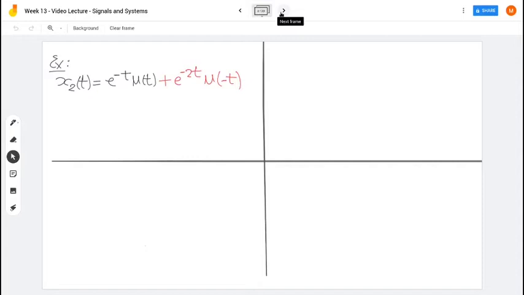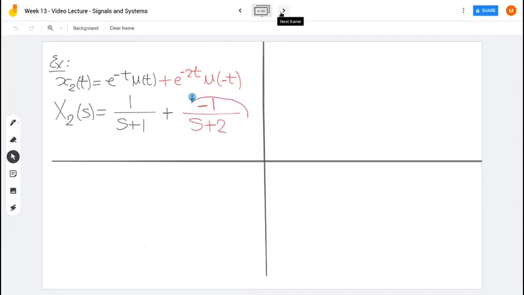Again, we will be using the linearity property, so we can write x2 of s as the summation of two Laplace transforms. The Laplace transform of the first term will be 1 over s minus minus 1, which is s plus 1. And the second term, since it's left-sided, will have a transform minus 1 over s minus minus 2, which is s plus 2.